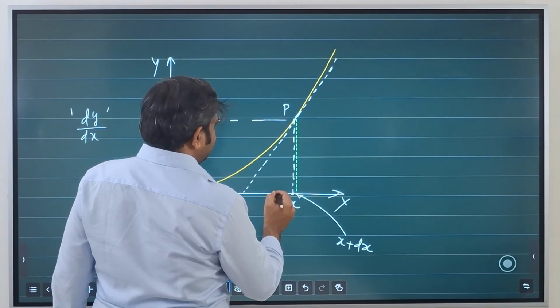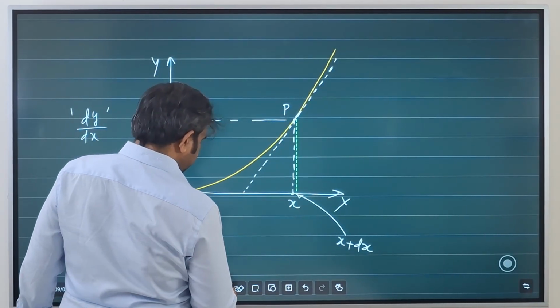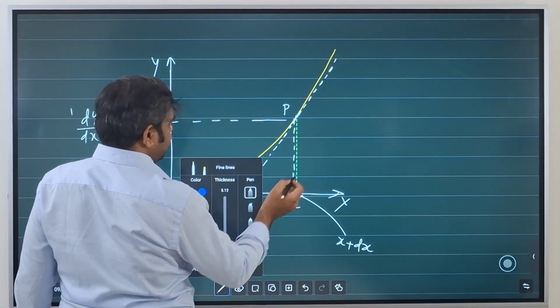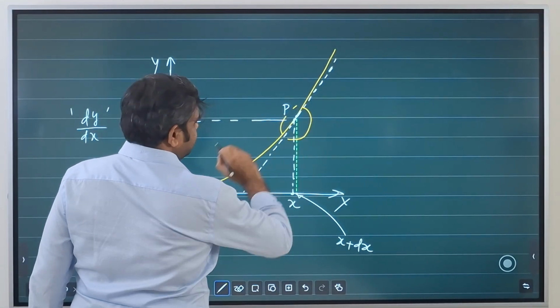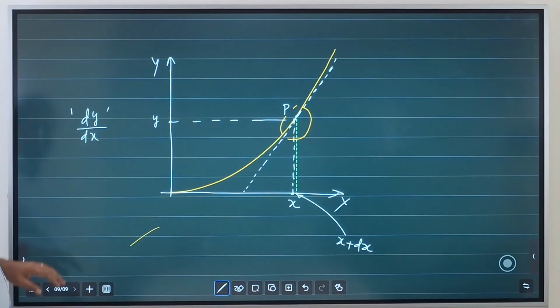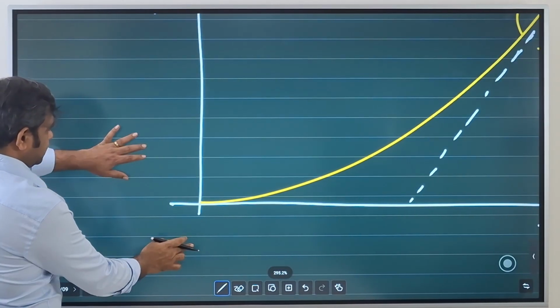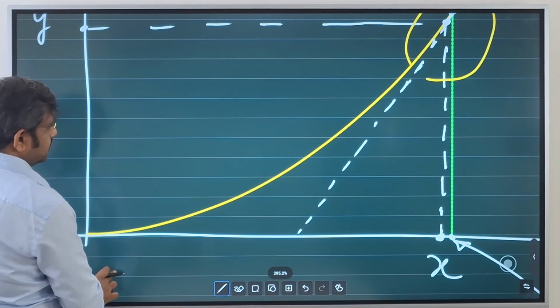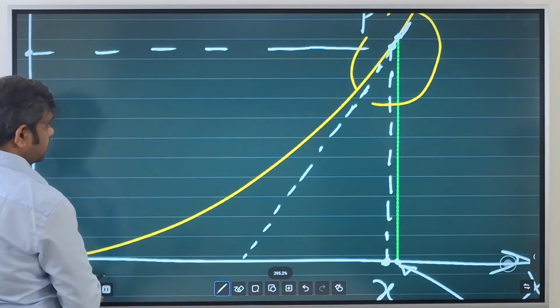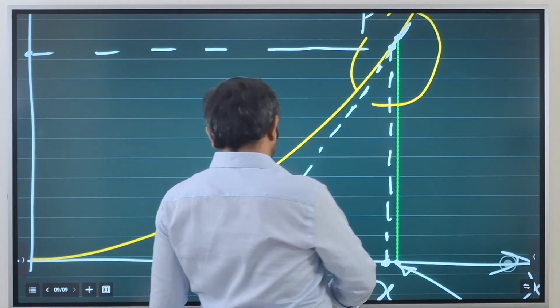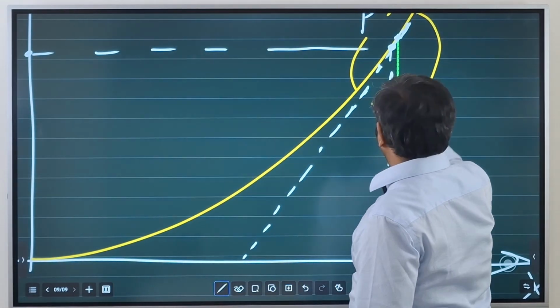Now look at this right angled triangle here.